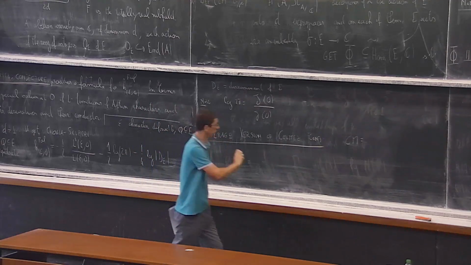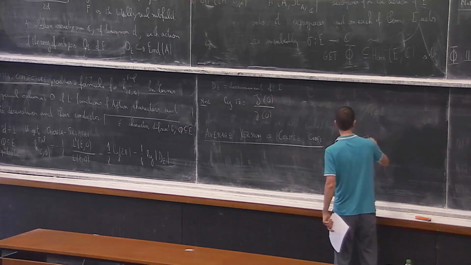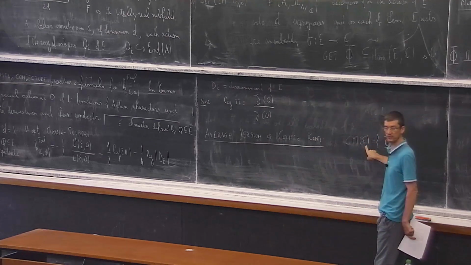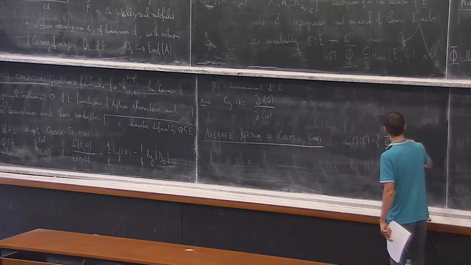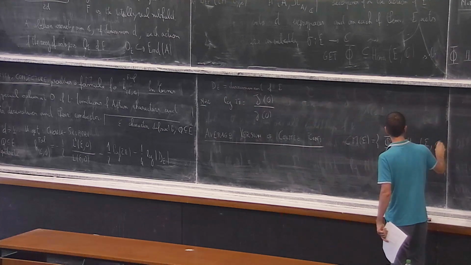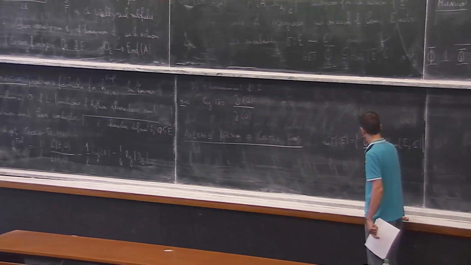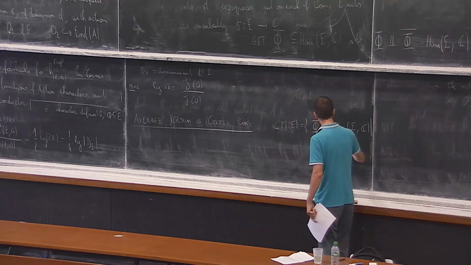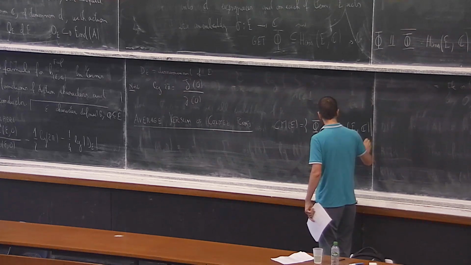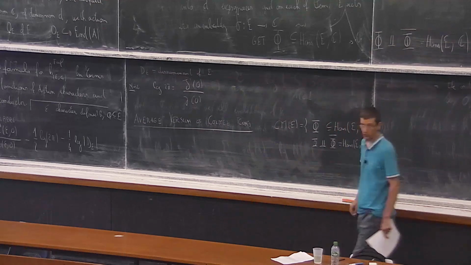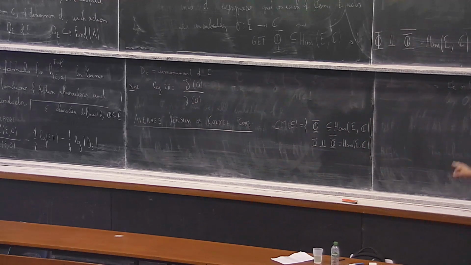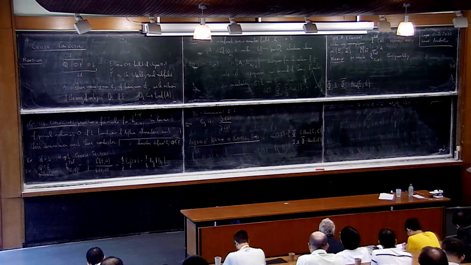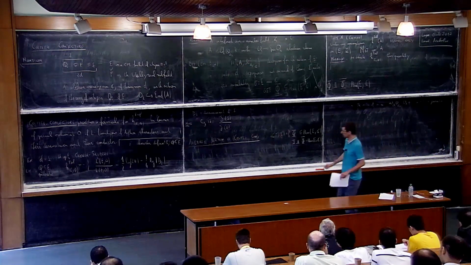So let me denote by Cm of E the CM types of E, the subset of all possible embeddings of E into C such that phi disjoint union of phi bar is equal to hom(E, C). So these are the CM types that already appeared in our definitions before.